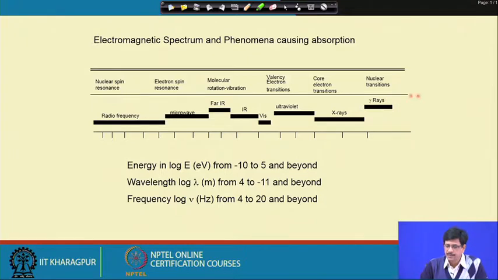And if we see the entire range of the electromagnetic spectrum, starting from radio frequency, which are applicable to nuclear spin resonance, to the smallest wavelength, the gamma rays, the range of the wavelength in which this interaction or scattering process is studied is the IR, because that is the frequency which corresponds to the vibration of the bonds which bind the molecules. And so here is the range.